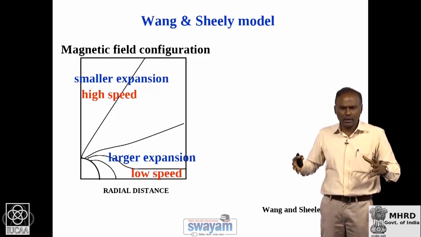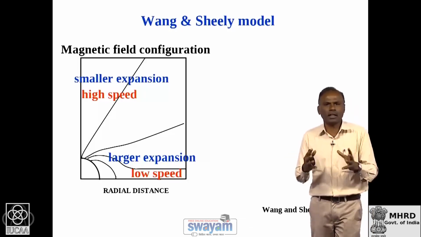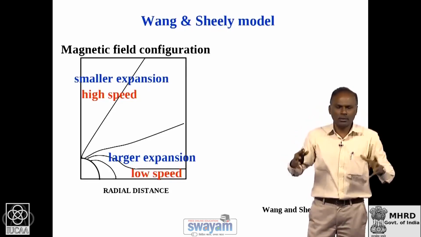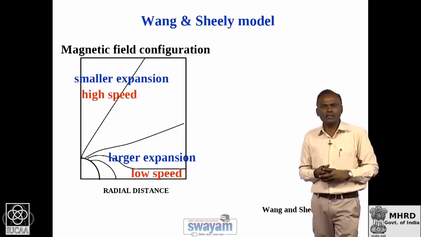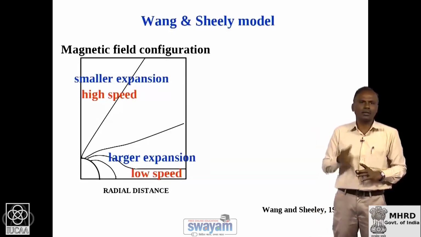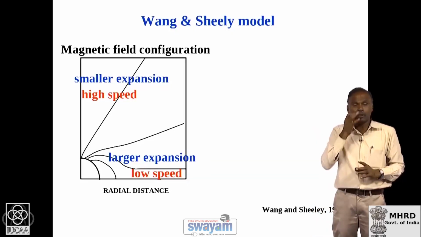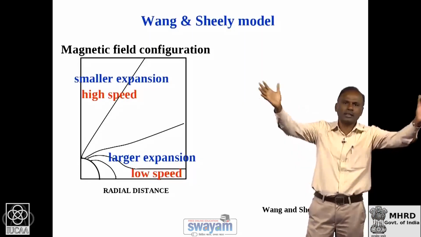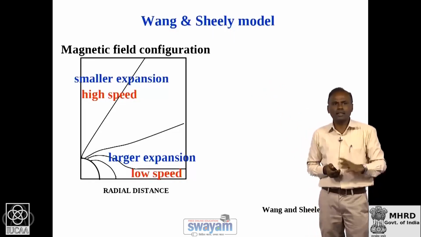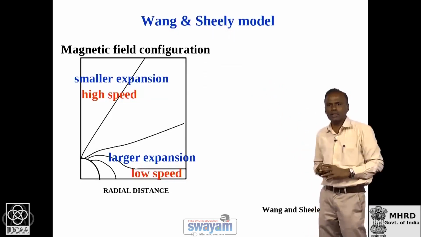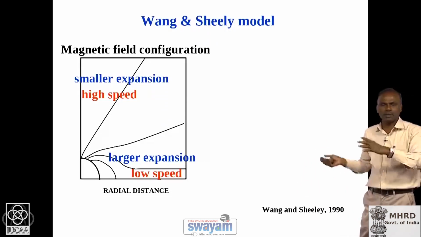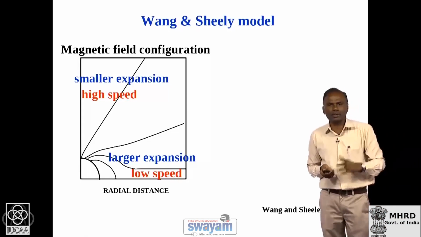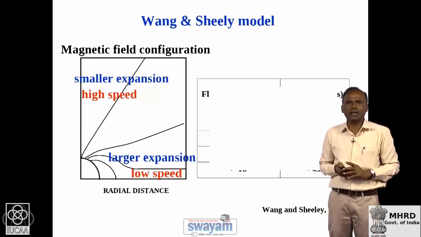If the bundling of the magnetic flux lines is regular, or if the bundling is very good for a larger distance, they involve high speed wind. If the bundling becomes loose and the magnetic field expands rather largely, they involve low speed wind. This study can be seen in the Wang and Sheeley 1990 paper, known as the Wang and Sheeley model.